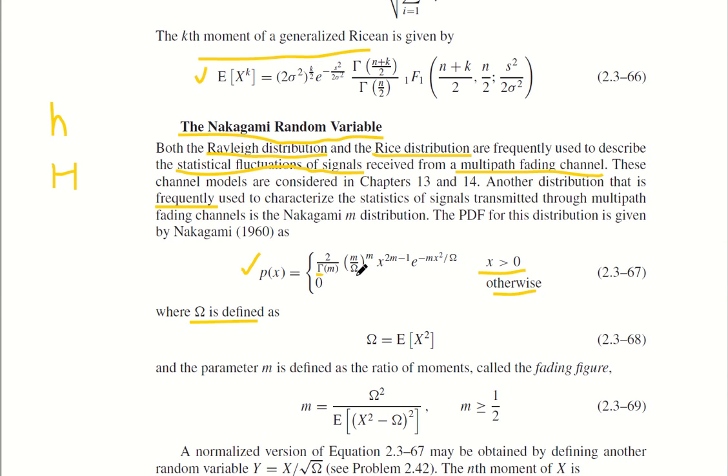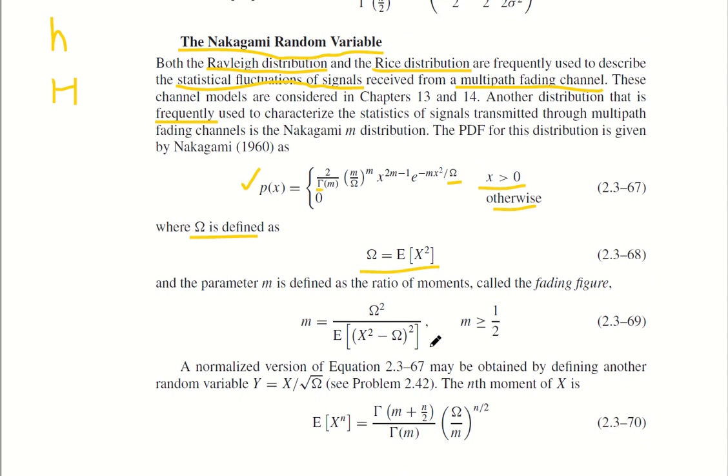So to the m, x to the 2m minus 1, exponent minus m x squared divided by omega, and then omega is defined as this, that is the expectation of x squared.